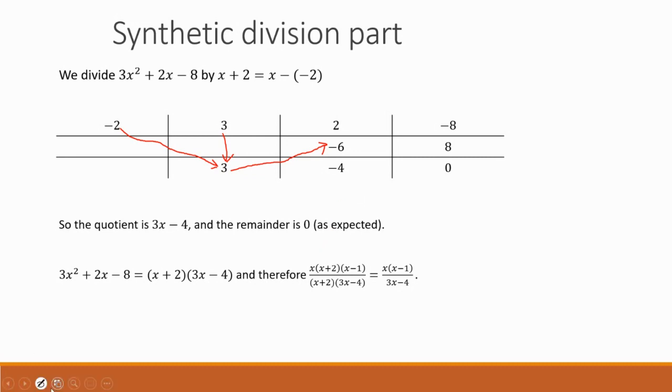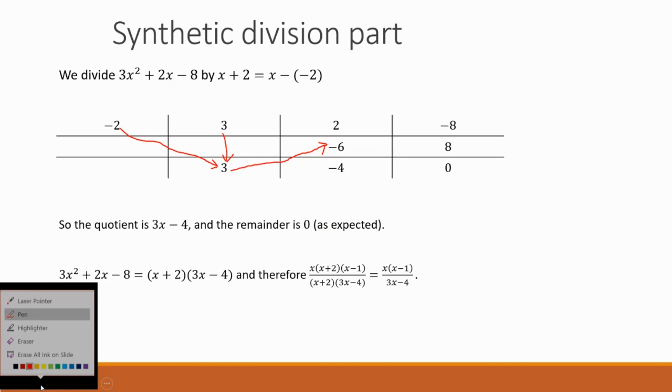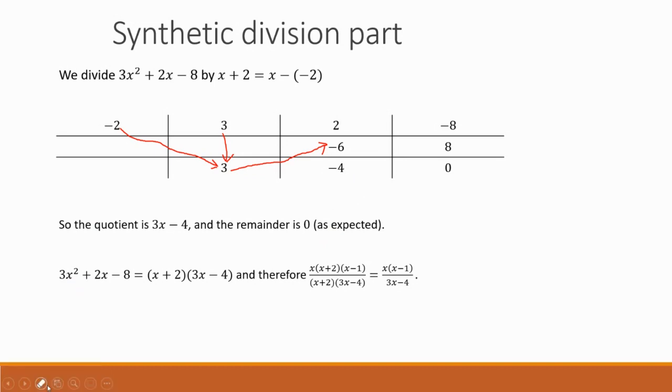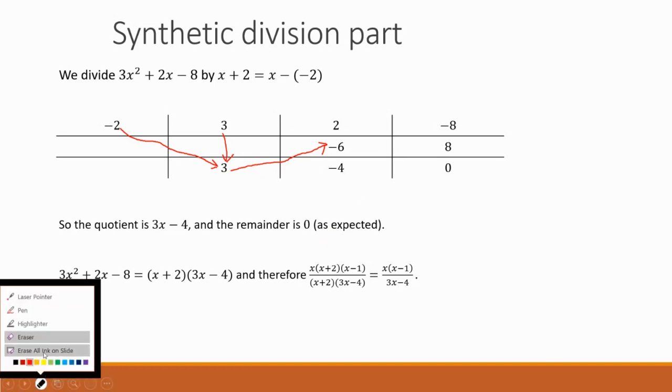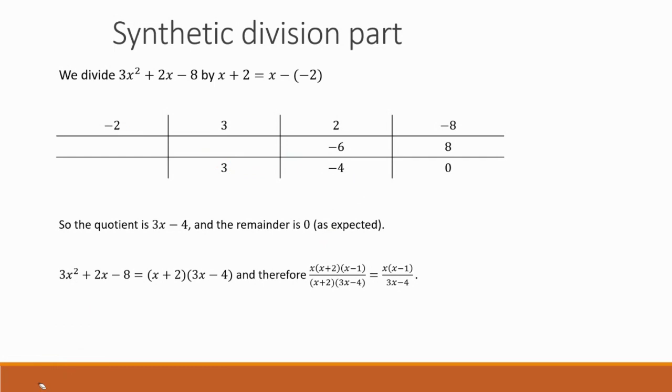Let me erase those red marks. Basically what's going to happen, again, this is just synthetic division, is you're going to have -2 times -4. That becomes 8. Look at the arrow here. -8 plus 8 becomes 0.